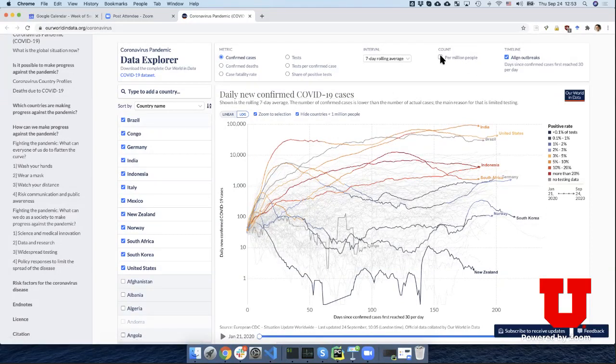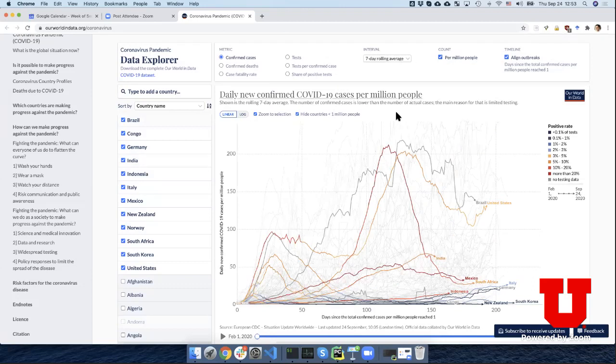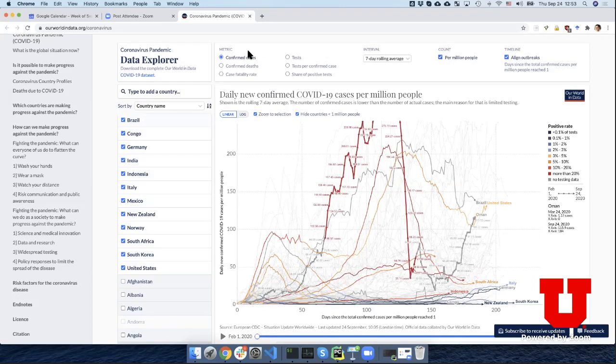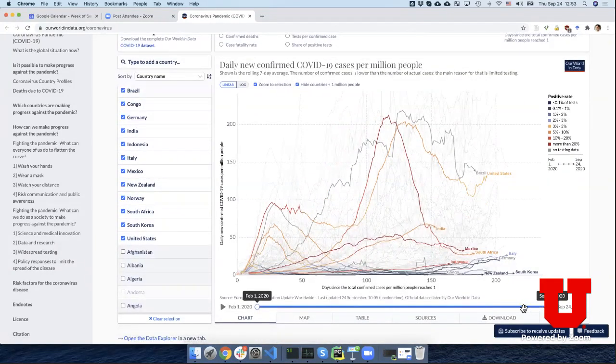But then we can also adjust things on a per million basis here. So if we do that, then we see these different pictures. We can switch between confirmed cases, deaths, and so on. And we can also step through time if you want to.